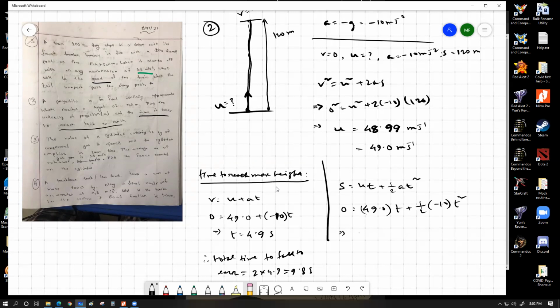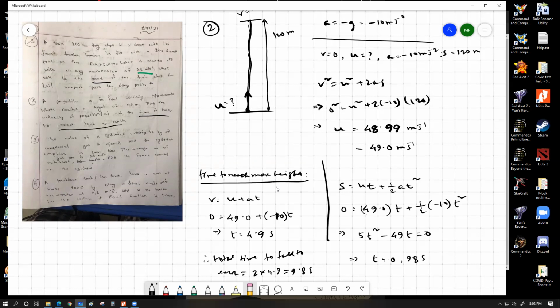So ultimately you get 5t square minus 49t equals 0. That gives you t equals 0, that is one of your values. The other value will be 49 by 5, which gives you exactly 9.8 seconds.